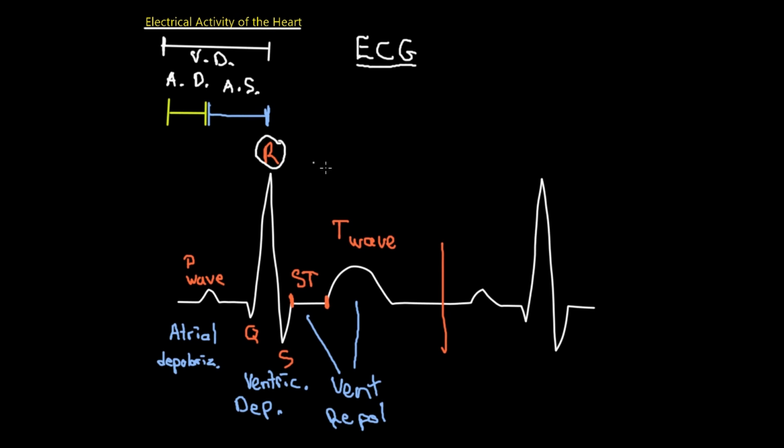Now, following this part, the ventricle is going to contract. So let's label it here. It's going to start off from here, from the middle of the QRS complex, and it's going to go all the way down to the end of the T wave.